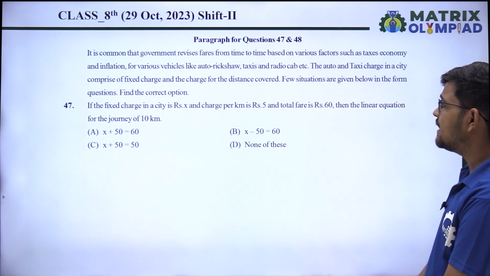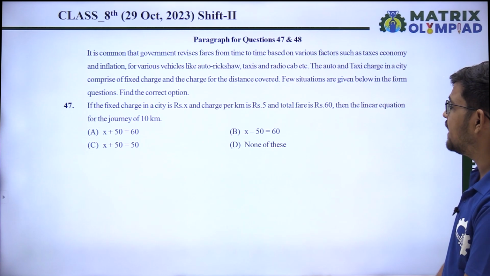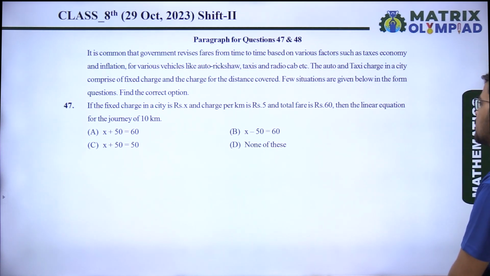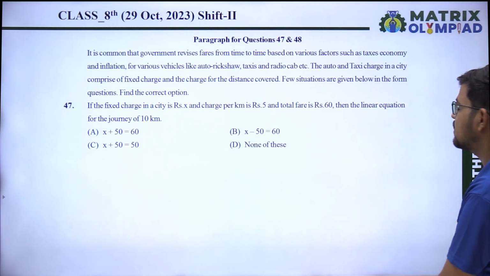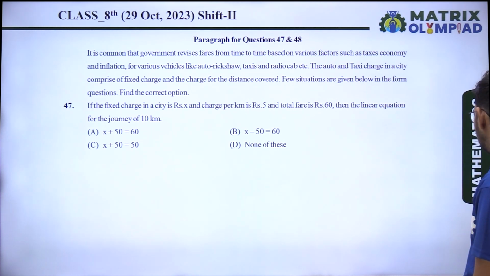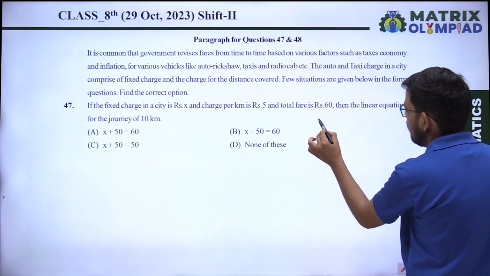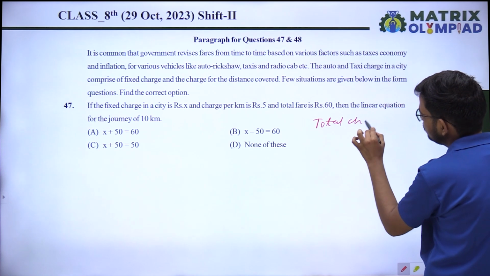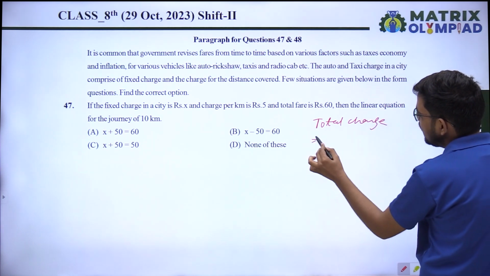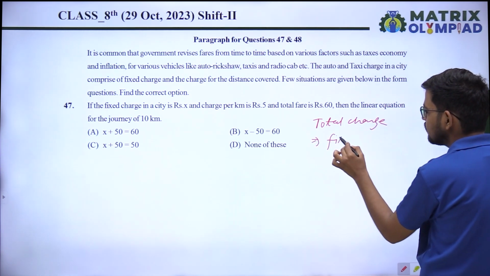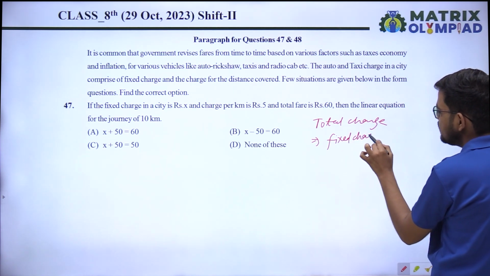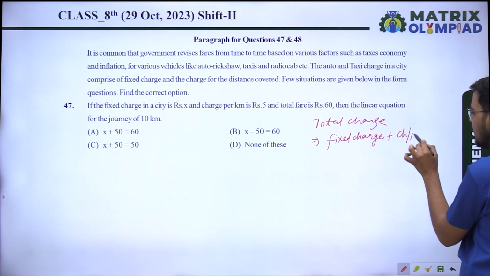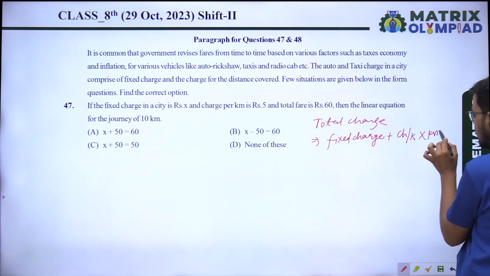If the fixed charge in a city is rupees X and the charge per kilometer is 5 and the total fare is 60 rupees, then what is the linear equation for a journey of 10 kilometers? What is the total charge? Total charge is always fixed charge plus charge per kilometer into traveled kilometers.